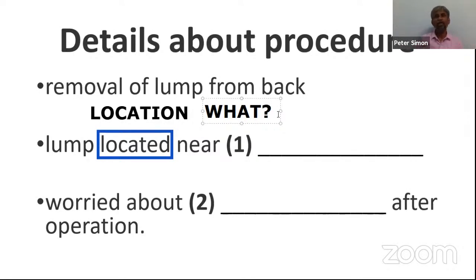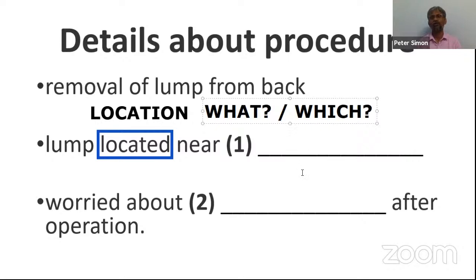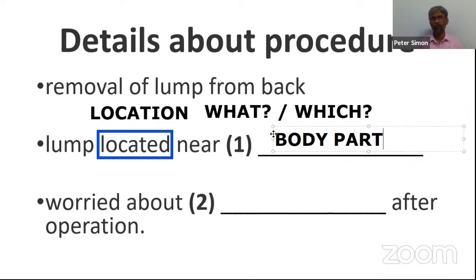Which body part? What or which? Here it is related to the body part. Located near a body part. Which body part is it talking about? You have to be very specific.